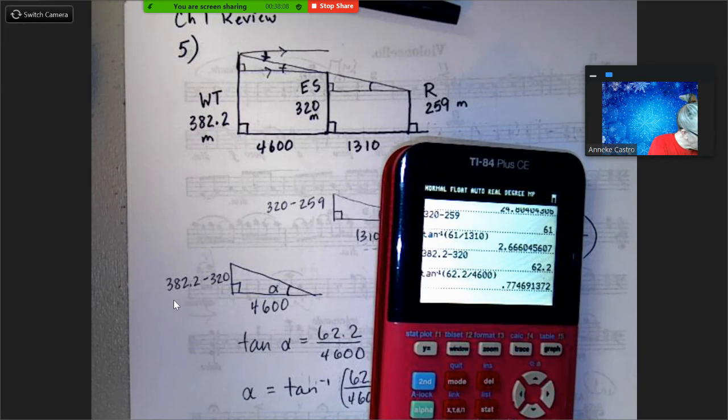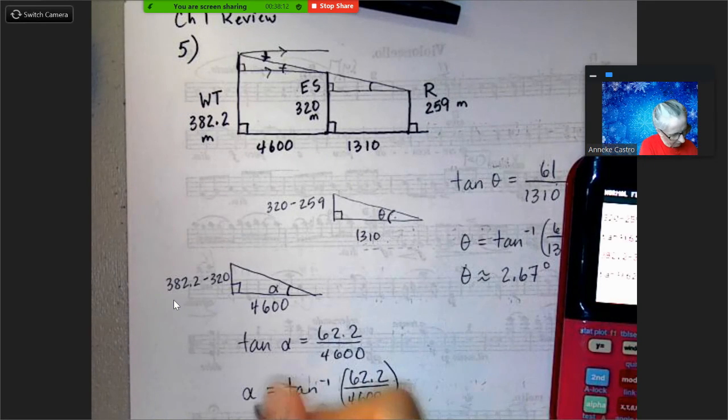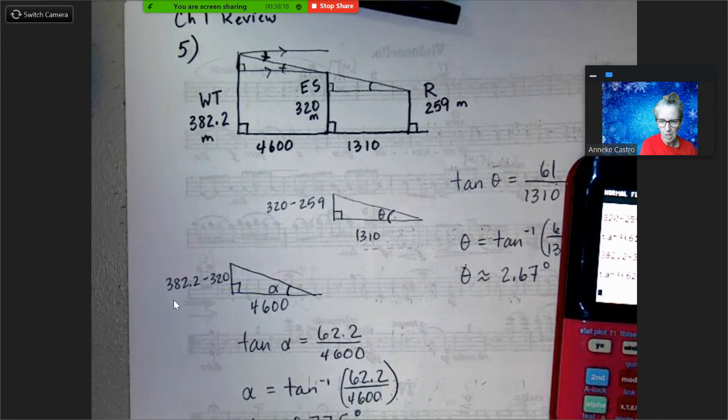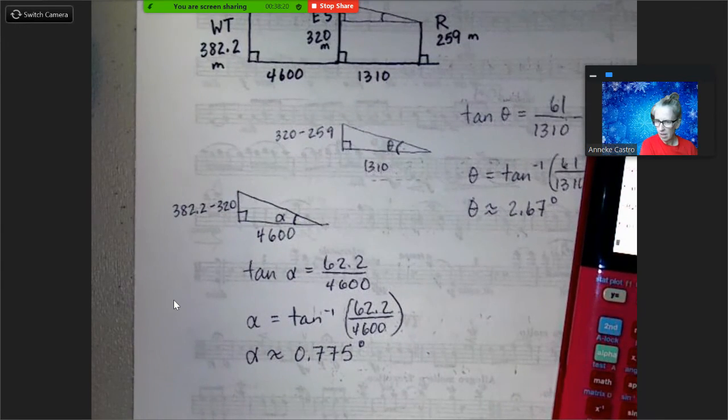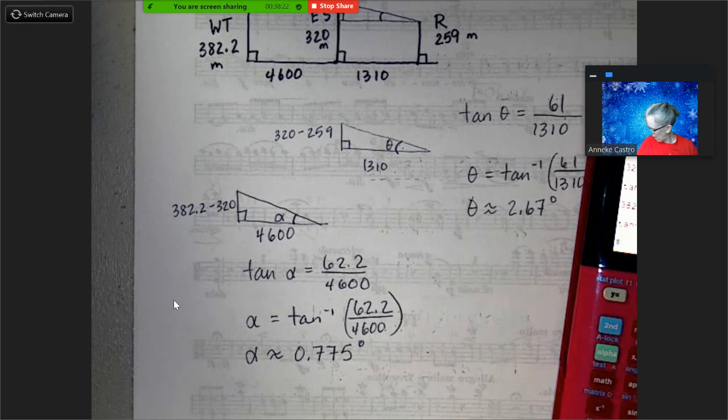And I get my answer of 0.775 if I'm rounding off to 3 sig figs. So approximately equal to 0.775 degrees. Not much of an angle of depression there. Okay, so in the textbook, they rounded it off, I believe, to 0.77. I don't know why.